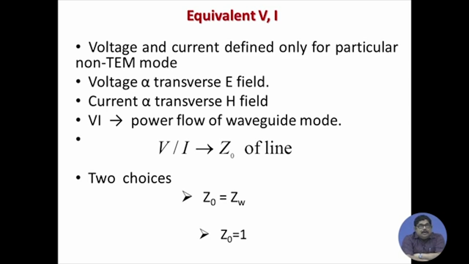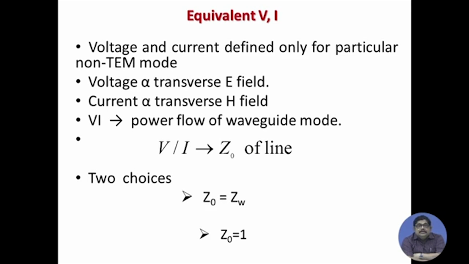One thing is, the instantaneous power flow should be equal to the product of voltage and current, and the ratio of this voltage and current should be defined as an impedance, and there are 2 choices.